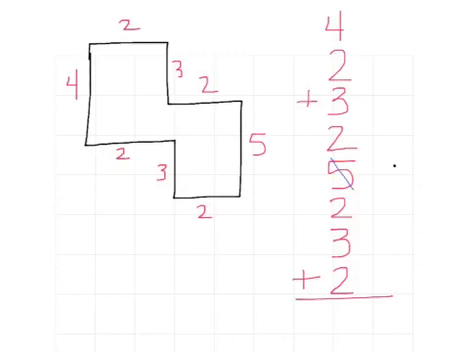So I see 5 plus 5 is 10, plus another 5 is 15, 19, 21, 22, 23. Since I never said what the units were in this case, the answer is the perimeter equals 23 units.